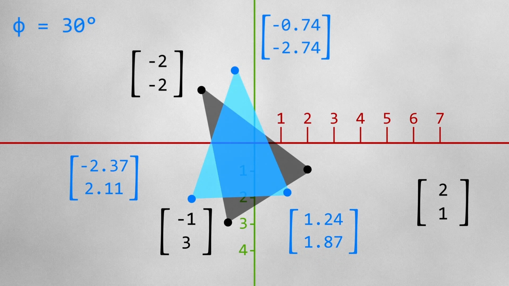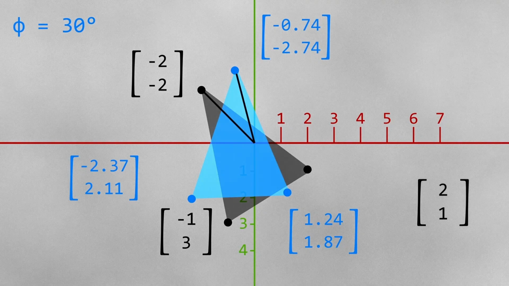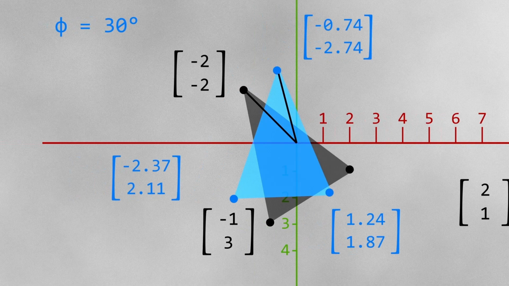Multiplying our triangle with this matrix transformed it into a new triangle, rotated by a certain angle. This matrix template is therefore called a rotation matrix.